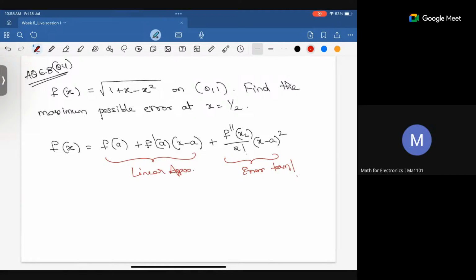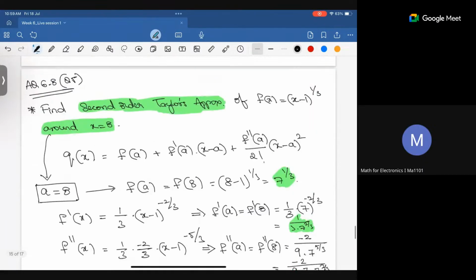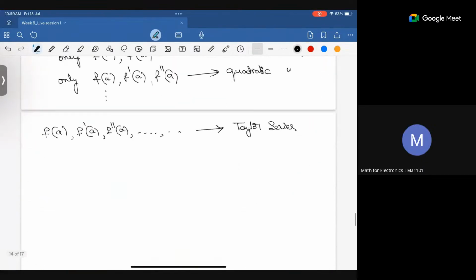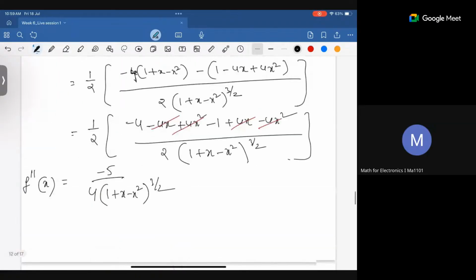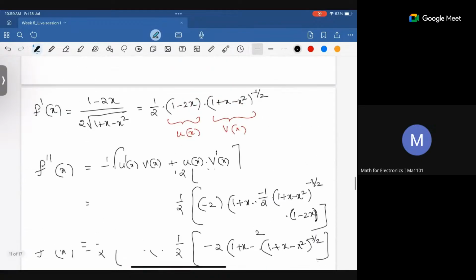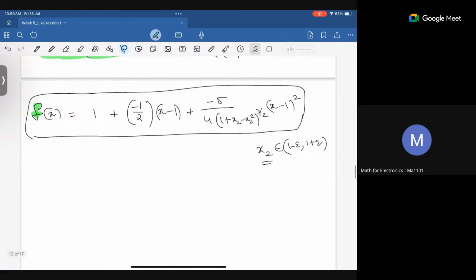For this problem, we have already computed this f of x: f of a plus f prime of a into x minus a plus f double prime of x2 by 2 factorial into x minus a whole square. So let's take that. If you scroll up a bit, this is the problem. We have solved this and this is what we got.